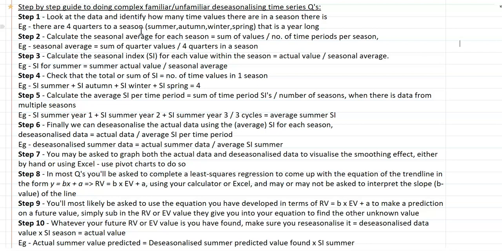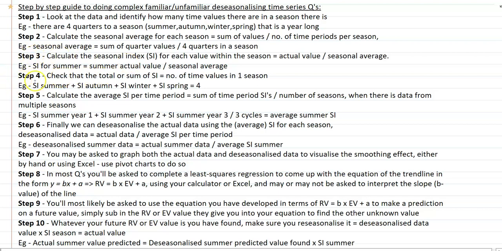If it's quarters, you'll divide the sum of the quarter values by 4. After that, you'll calculate the seasonal index for each of your values in your table. That's taking the actual value from the raw table and dividing it by the seasonal average you just calculated. That will give you the seasonal indices for that particular season.